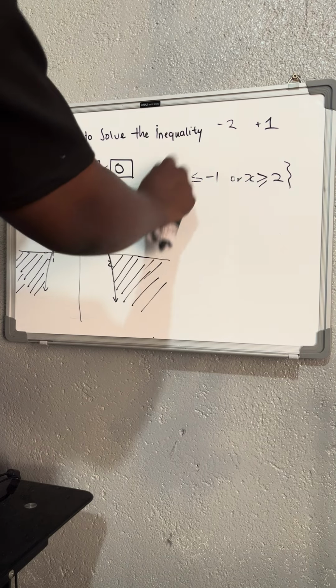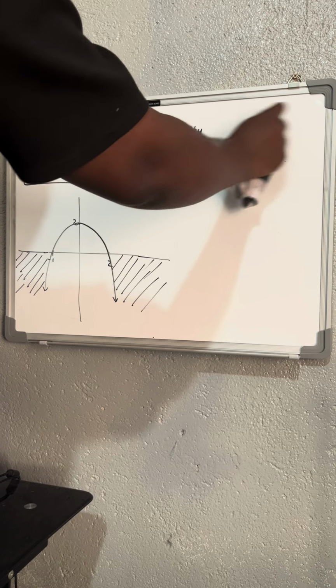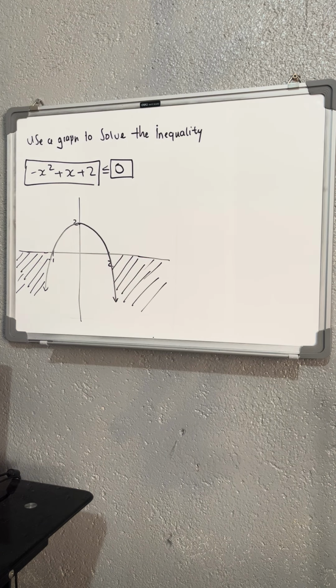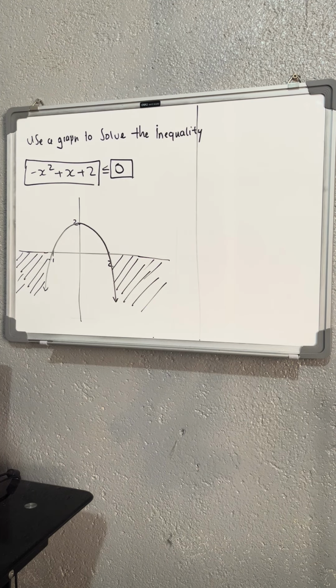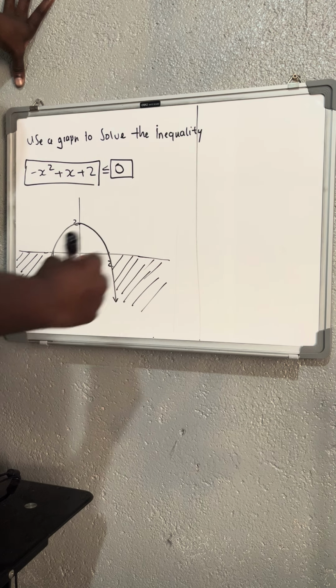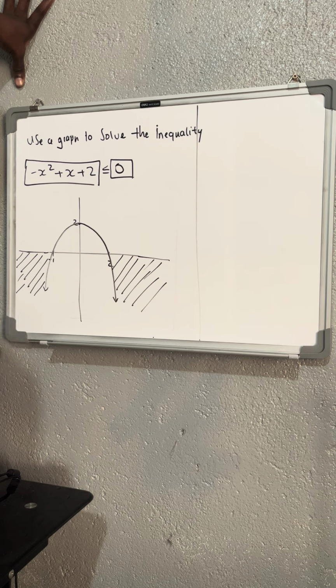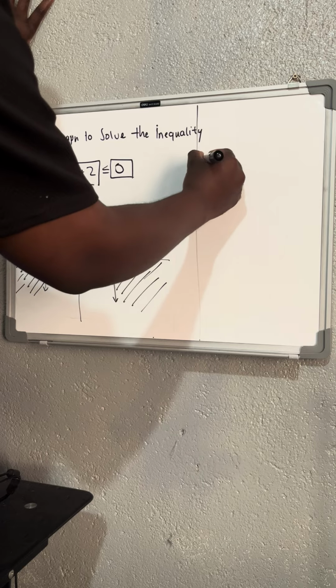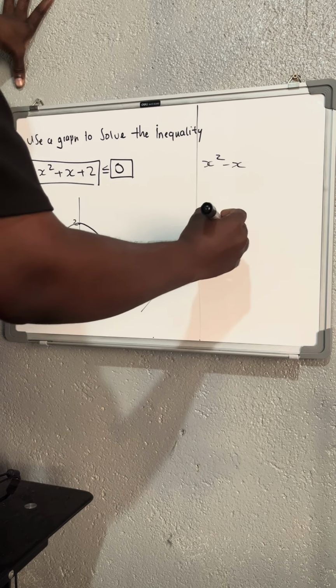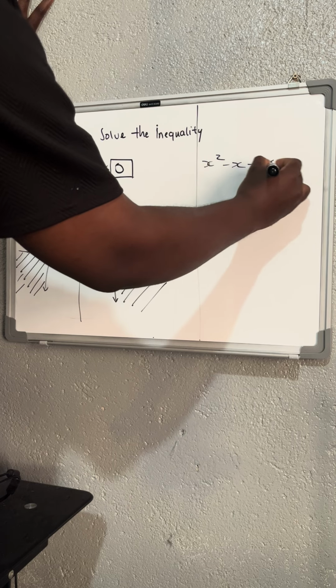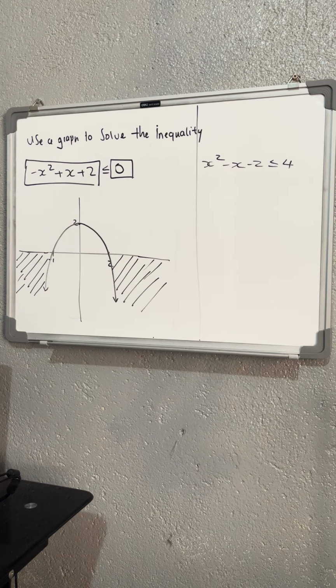So now comes the part where students make a mistake, because I want you to see something. Let's just say you still have inequalities. They tell you that you have, I'm just trying to think of a perfect example. Okay, you have x squared minus x minus 2 is less than or equals to 4.